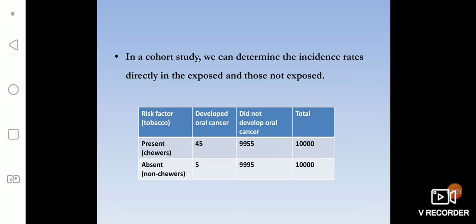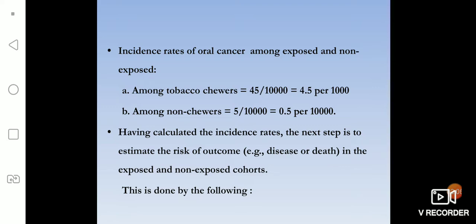Among the chewers there are 45 people who had developed oral cancer, and among the non-chewers there are 5 people who had developed oral cancer. Let us calculate the incidence rates among these two. Now the incidence of oral cancer among those exposed is 4.5 per thousand, whereas among non-exposed it is 0.5 per thousand.